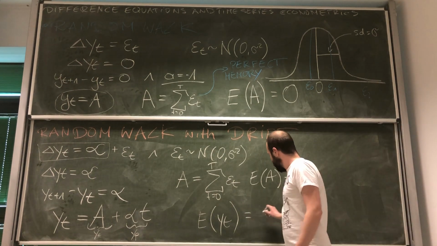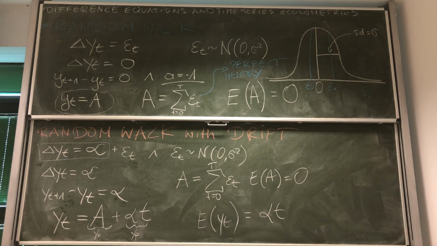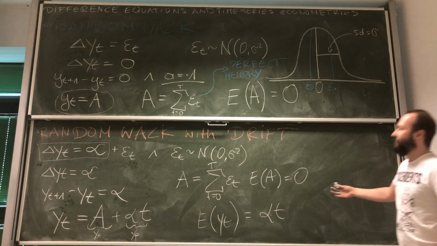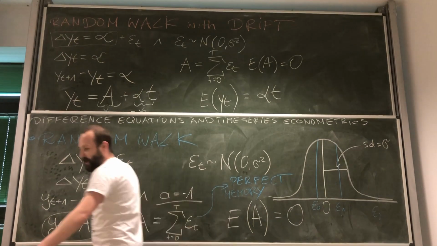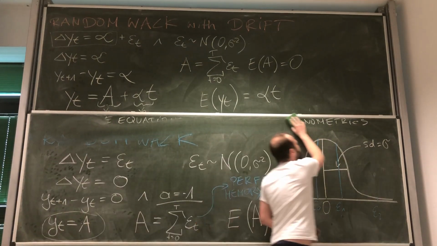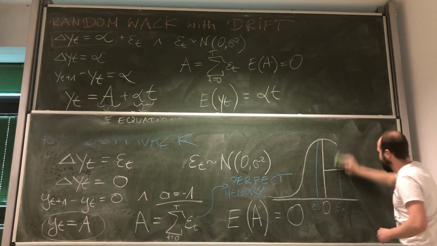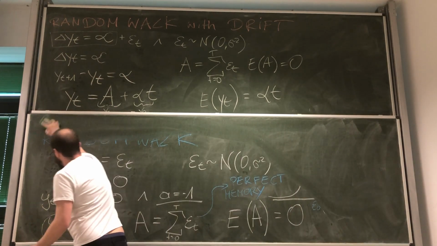Well, it is equal to alpha t. How do we graph this? Well, once I can put this on the graph, I hope you can start to see the merit in using these simple processes to model GDP or stock prices.